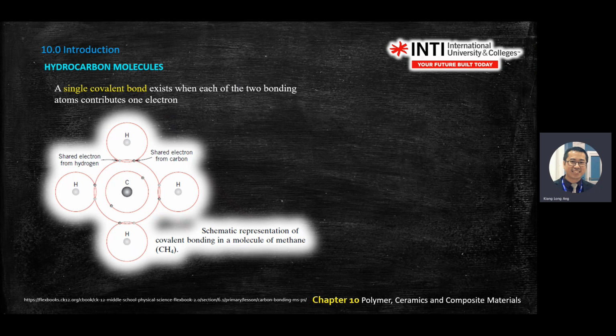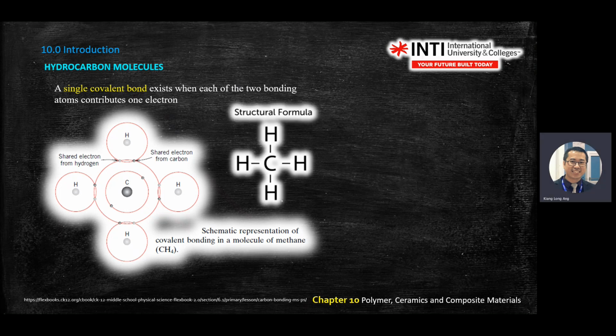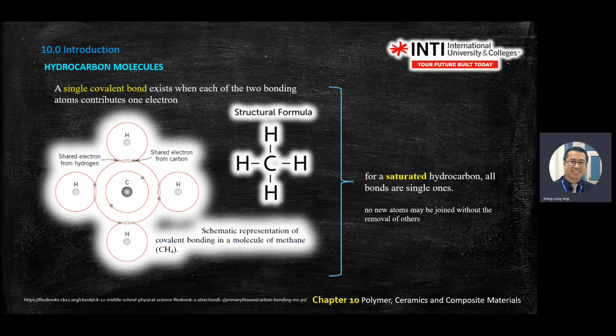When they share, this kind of bonding is called covalent bonding. Then you can draw the two shared electrons as one single stroke, one line like that. This is called a single bond. If you see two strokes it means a double bond, and triple bond and so on, right? This one you know already.